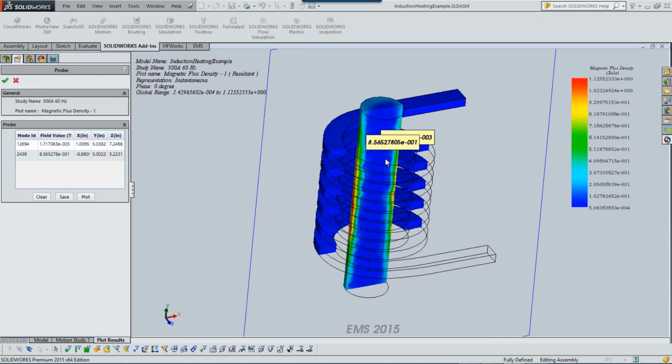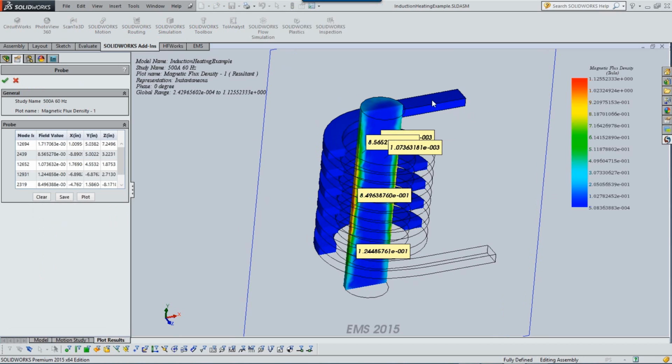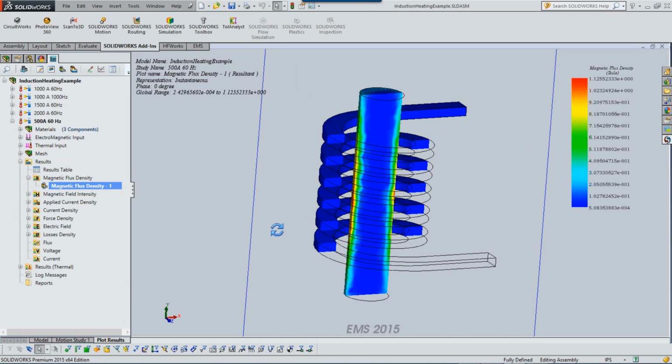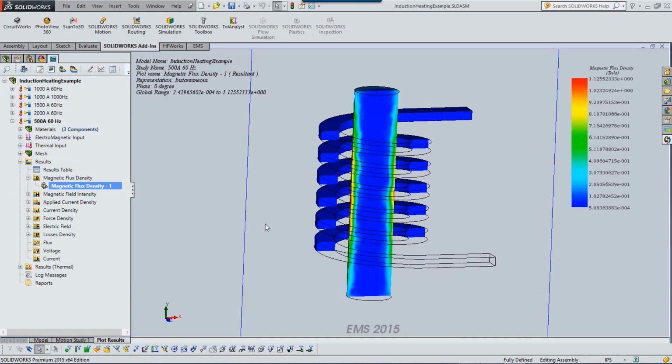Here I can select locations in my model, in this case locations in my section, to get the value of the flux density. So notice here that you really have an infinite number of sensors available to you once you solve this particular problem in a computer, whereas in real life, you're basically limited by a few sensors that you put in before you do this experiment.